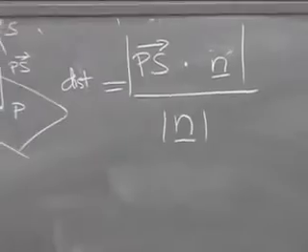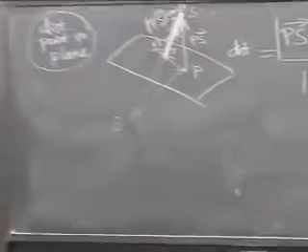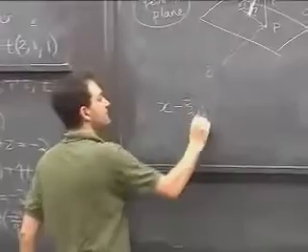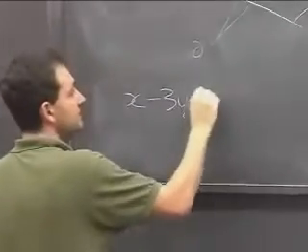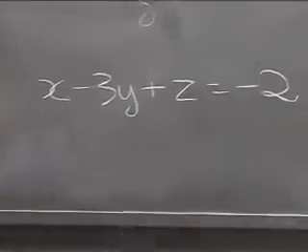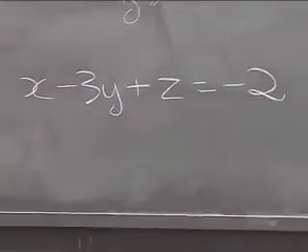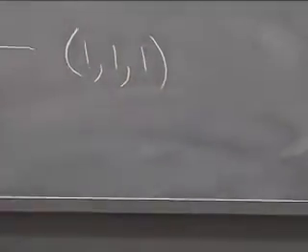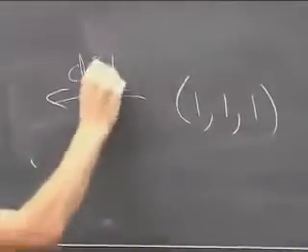So for example, let's take this same plane here, x minus 3y plus z equals minus 2. And now I'd like the distance from the point 1, 1, 1 to that plane.